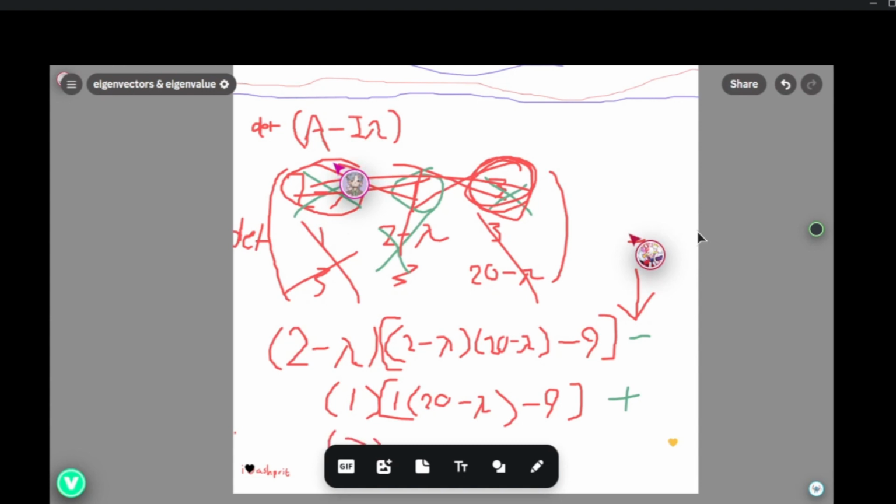And I won't go through the entire reduction of this big equation here because I've already got it written down to avoid that thing. It's going to take up too much time.